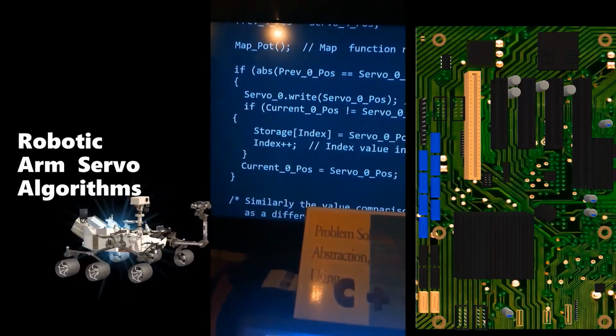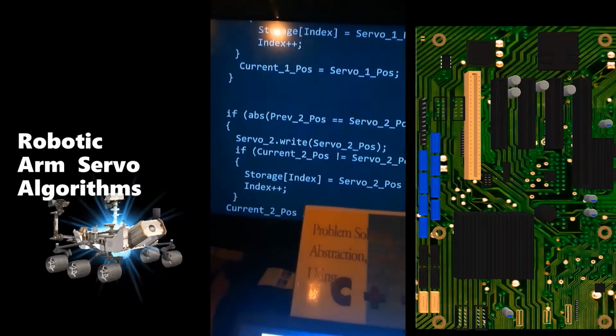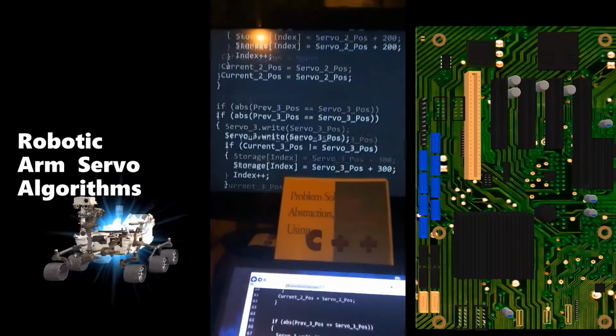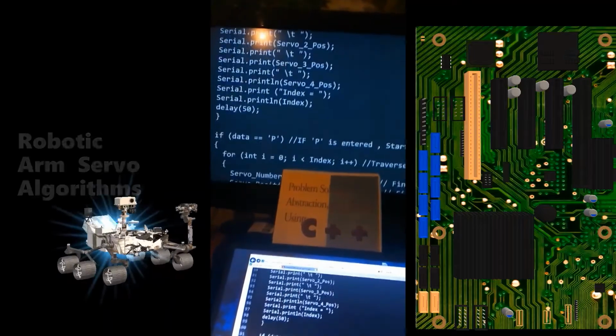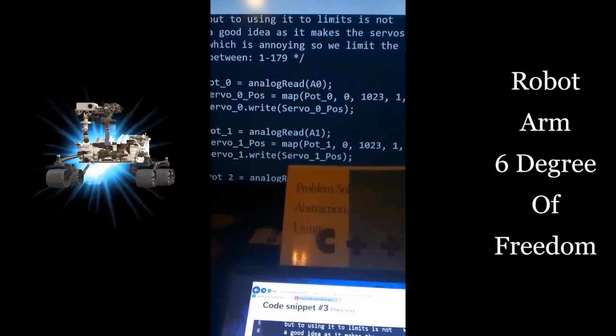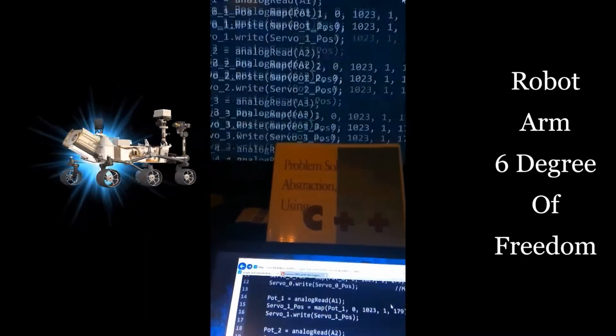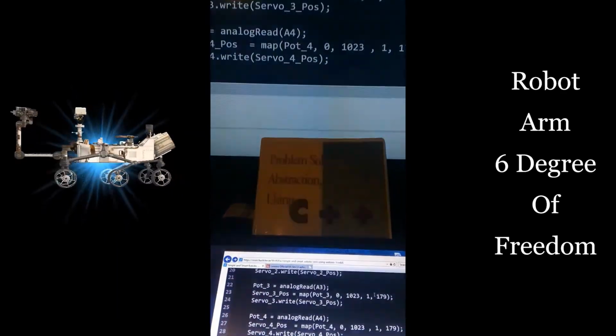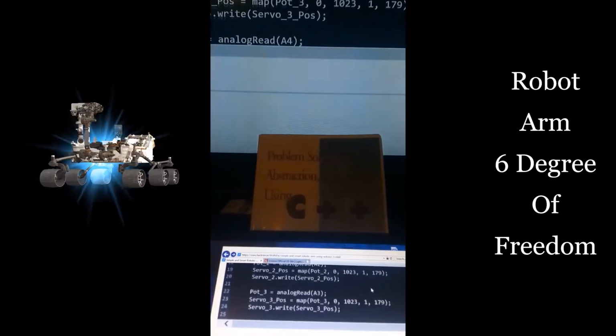Calculation of the inverse kinematics problem is much more complex than that of forward kinematics, since there is not a unique solution. In my project, a geometric approach has been used for solving the inverse kinematics issues.